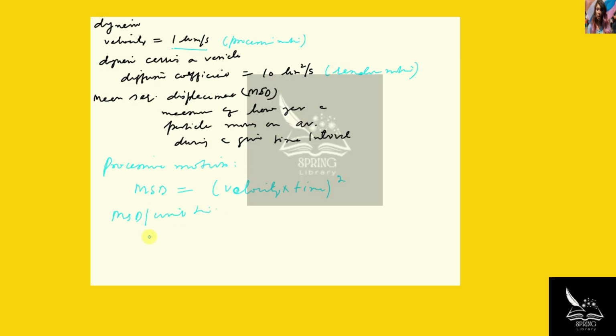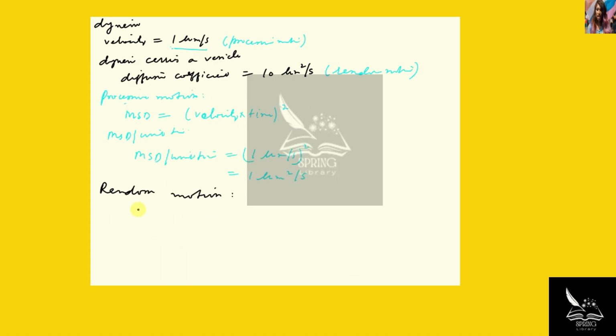So MSD for processive motion per unit time will be 1 micrometer per second to the power 2, because velocity is 1 micrometer per second, which is equal to 1 micrometer square per second for processive motion.